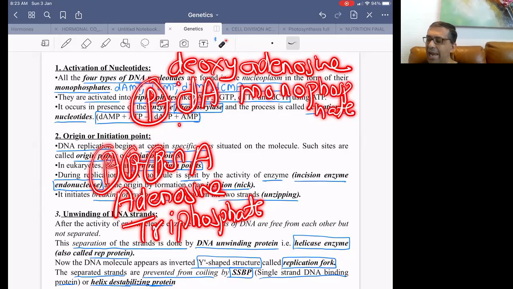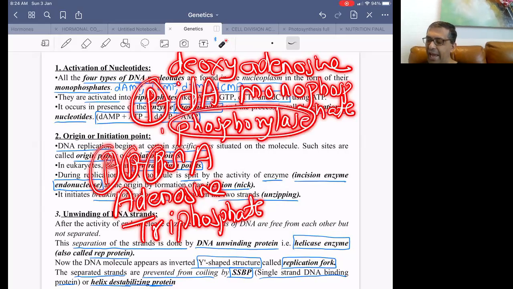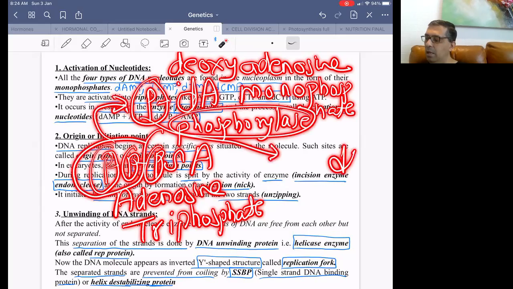And the phosphorylase enzyme removes two phosphates and gives them to deoxyadenosine monophosphate, which will then become deoxyadenosine triphosphate.